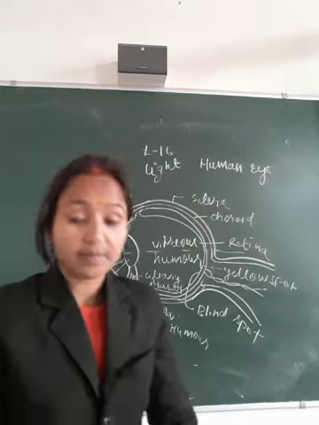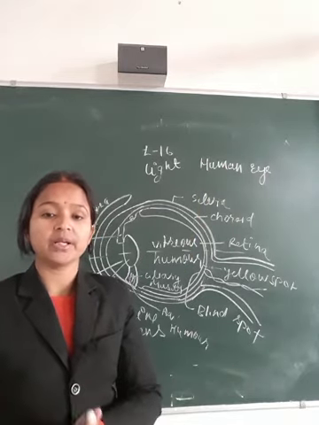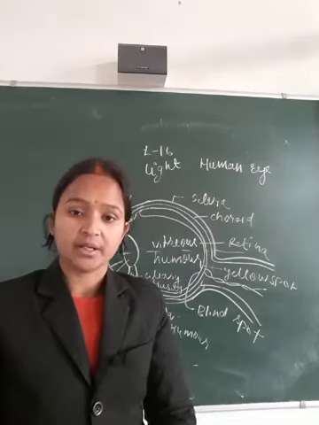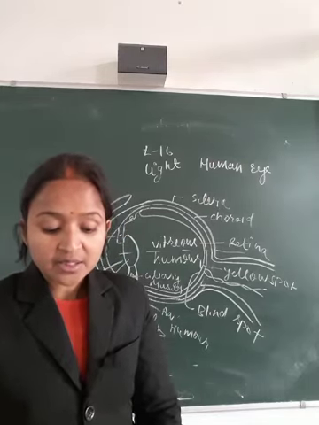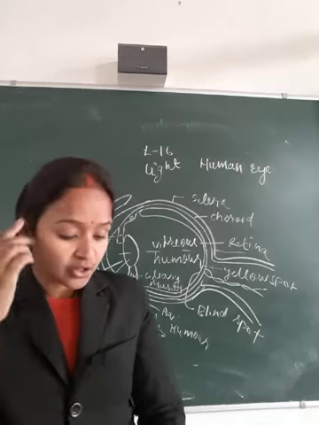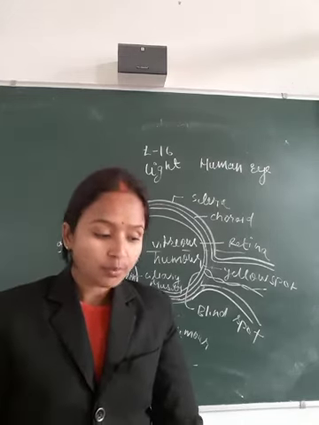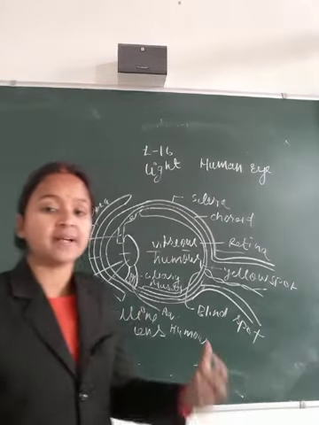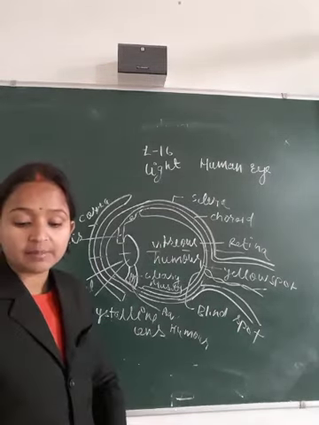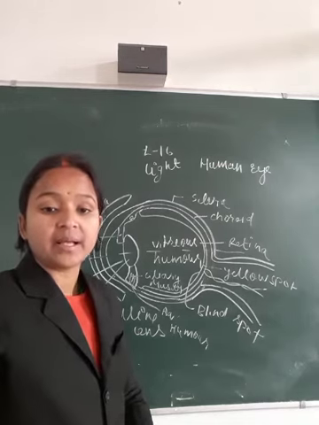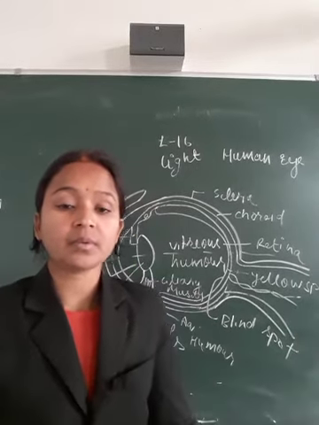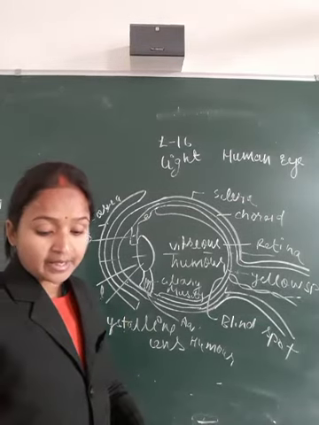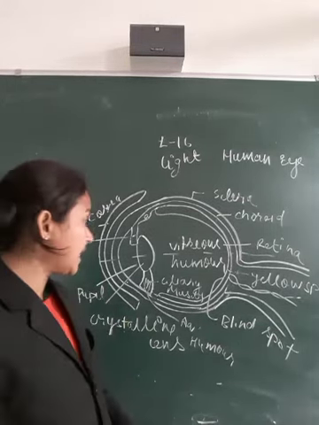The eye is the most important sense organ, and it is important to understand its structure and working. Human eye is almost spherical in shape. You can see in the diagram it is spherical in shape. First one is the sclera.